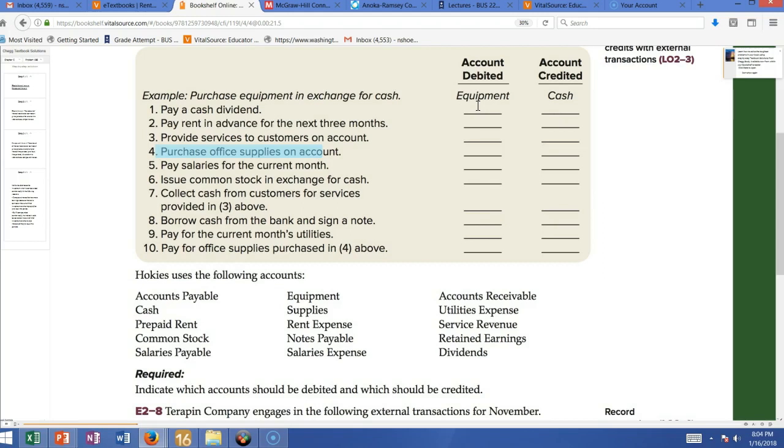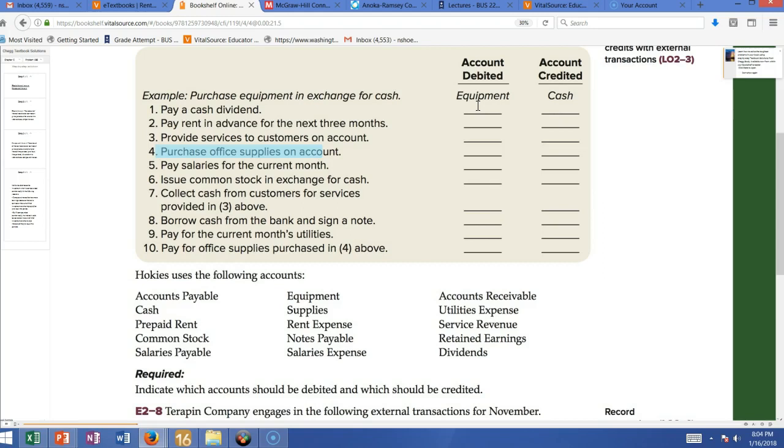So what 2 accounts are being affected? Cash and accounts receivable. We showed the services back in number 3, so we already showed the service revenue. Now we want to get our money.